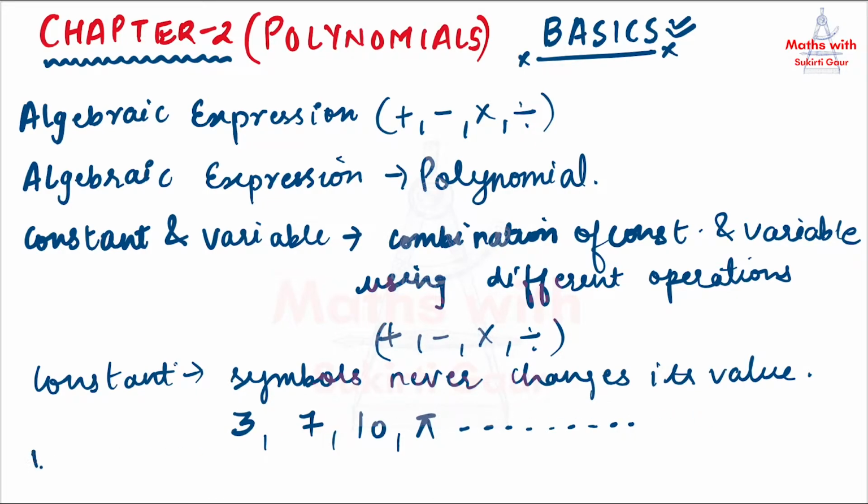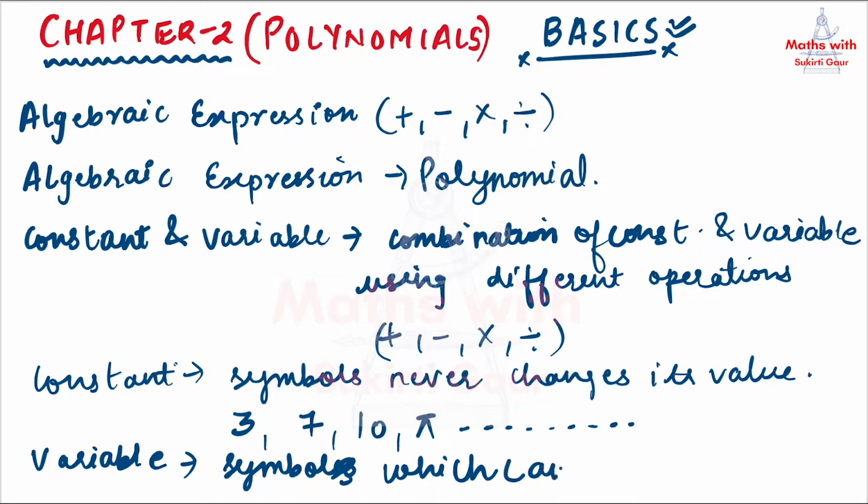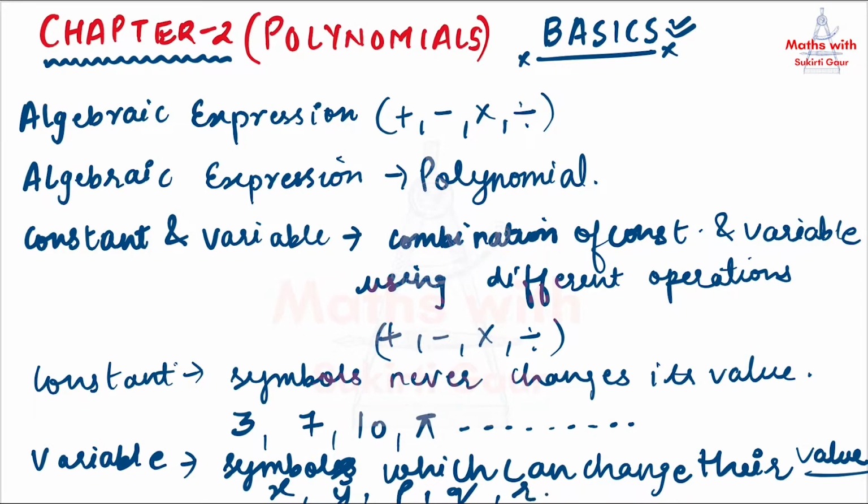Alright? Whereas a variable comes under the symbols which can change their value. Right? So for example, in variables we can take x, y, p, q, r and so many.